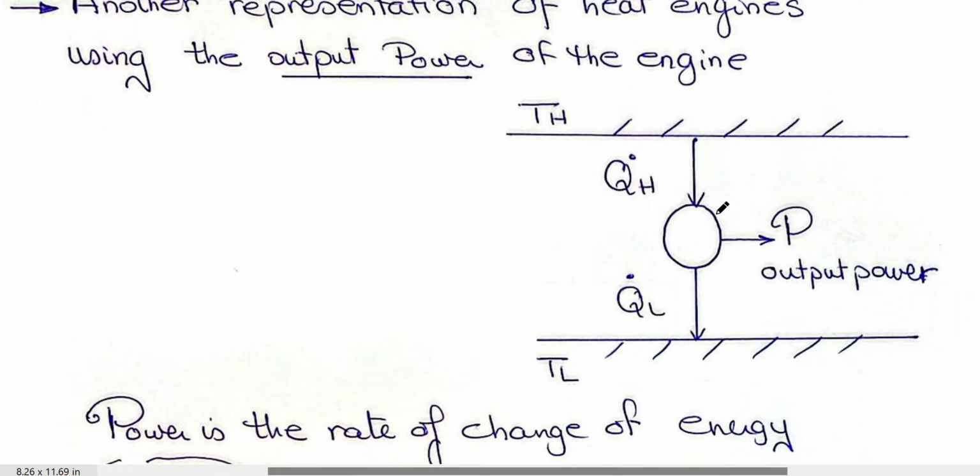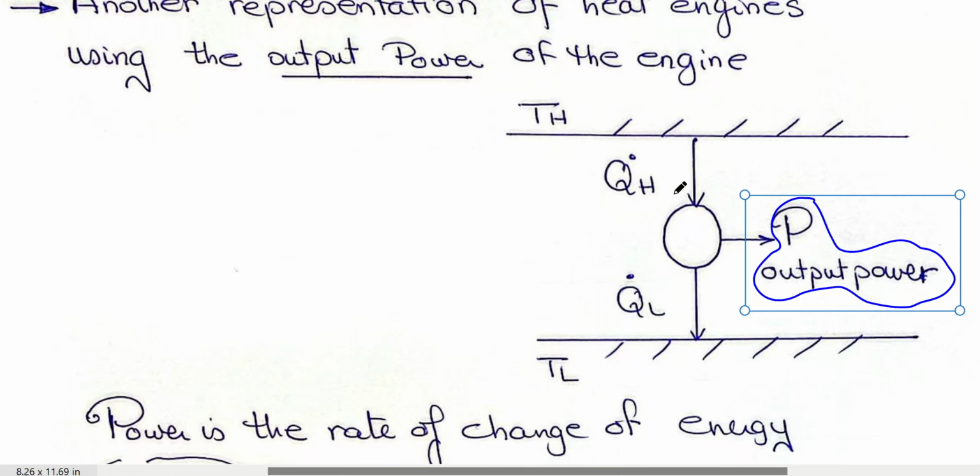So we will draw the same diagram, TH, TL, and a circle representing the heat engine, and the output power instead of the output mechanical work. If you draw the diagram like this, draw QH dot and QL dot. What is the meaning of the dot? Meaning rate of heat energy gain and rate of heat energy lost.